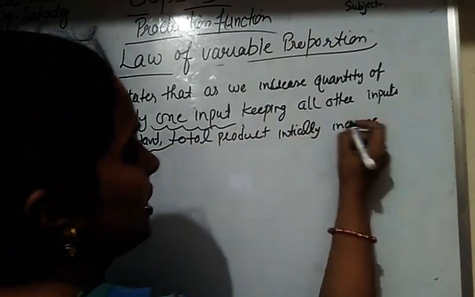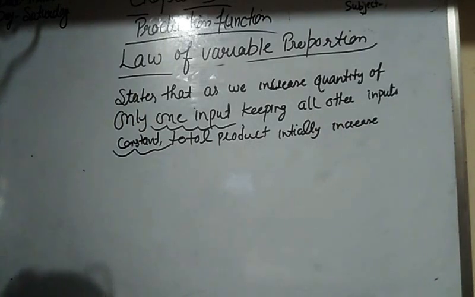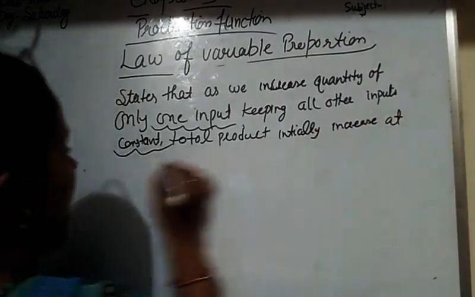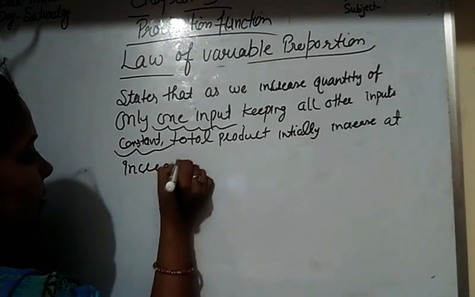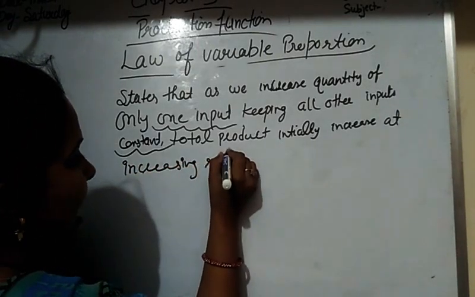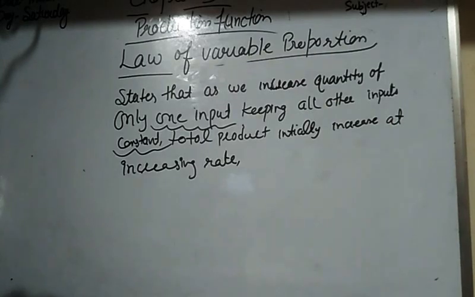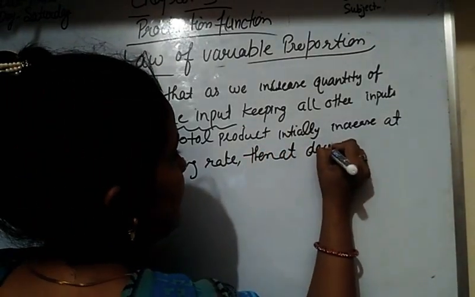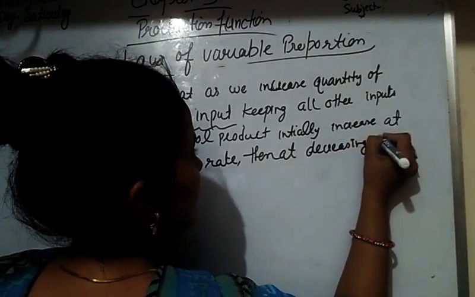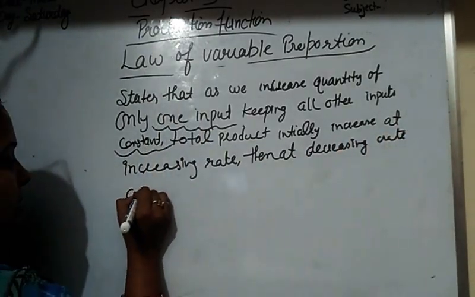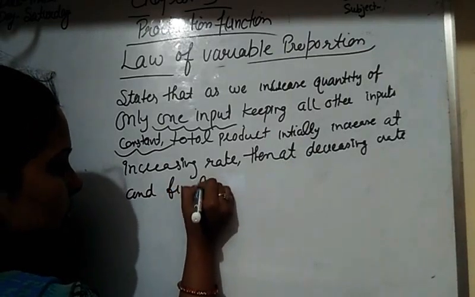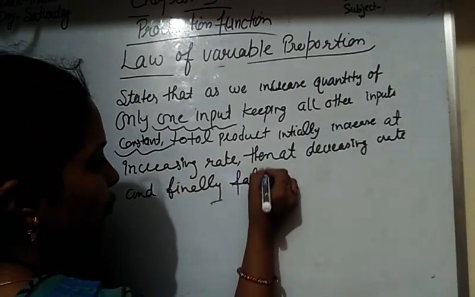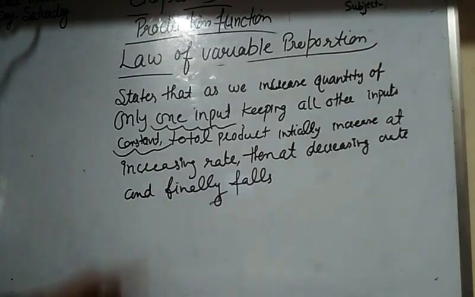Total product initially increases at increasing rate, and then at decreasing rate, and finally falls or decreases. So this is the definition of the law of variable proportion.